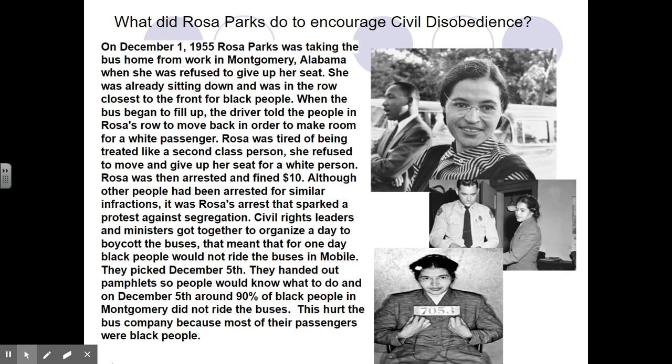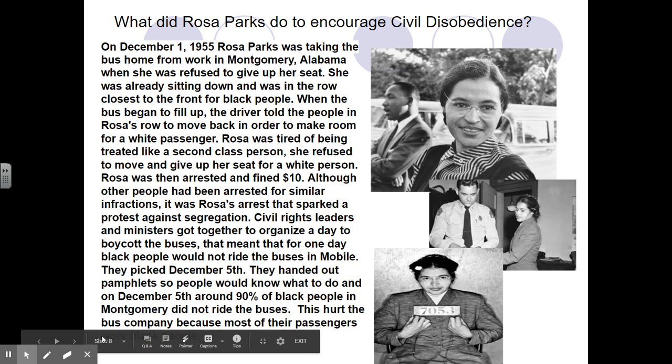They picked December 5th. They handed out pamphlets so people would know what to do, and on December 5th, around 90% of Black people in the Montgomery area did not ride the buses. This hurt the bus company because most of their passengers were Black people. So that's what Rosa Parks did to encourage civil disobedience.